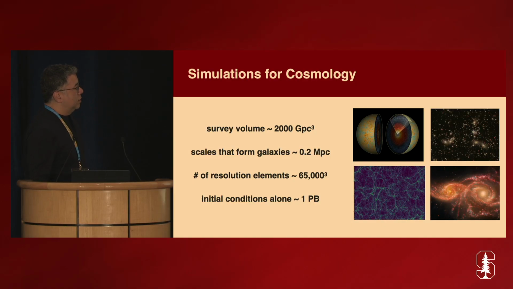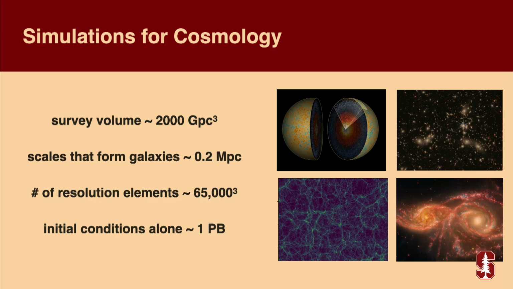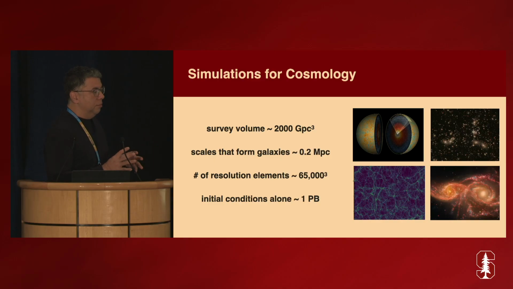So just to start putting some numbers, if I take that volume that we're typically looking at in these big surveys, Gpc is a gigaparsec, so a billion parsecs across. A parsec is about 3 light years. Then you take the typical scales that need to be resolved in order to form galaxies, about 200 kiloparsecs, or 0.2 megaparsecs.